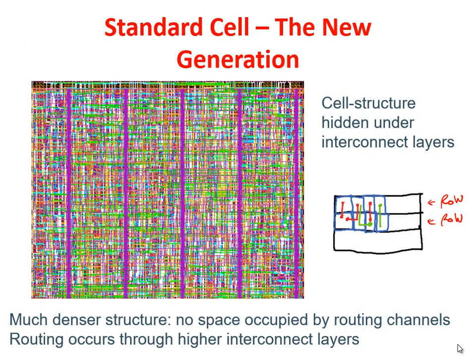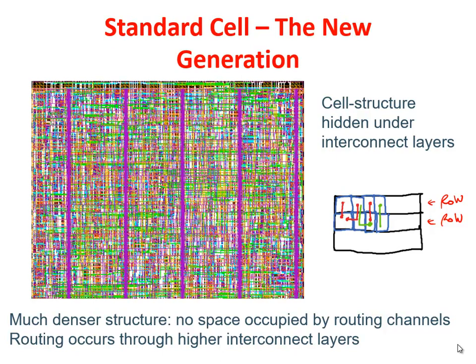More recently, this is a new generation of standard cells. You can see the situation is much more dense, and again, it's not that different. All the cells are arranged in rows. All the cells have the same height. The only difference is that the interconnections are passed on top of the cells. You don't use rows only for the interconnections. You pass the interconnections on top. So everything is much more compact and dense.